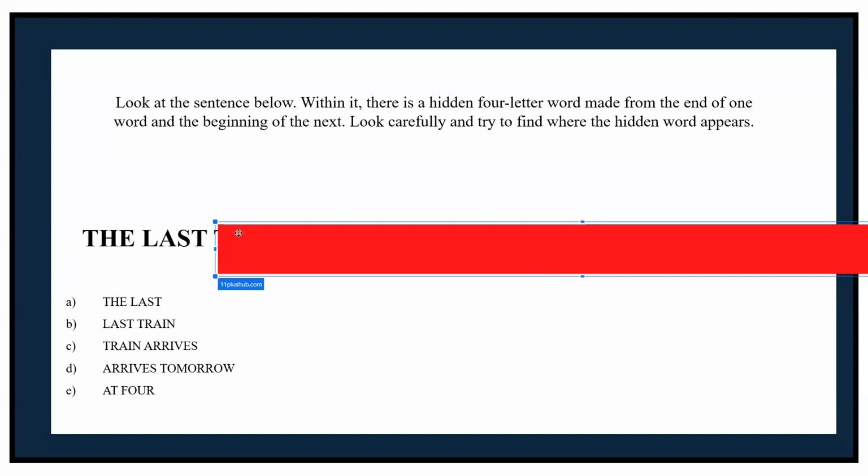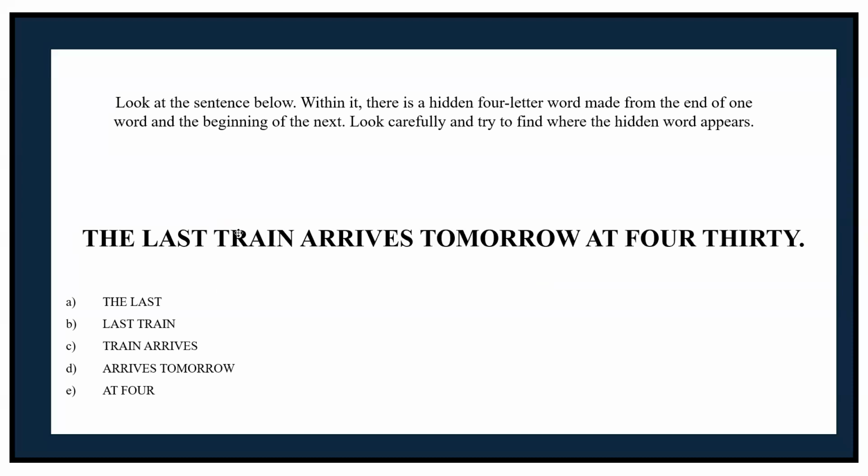After you've done that for a while and you're starting to feel more confident, then maybe we can start focusing on scanning and seeing if anything jumps out at us. In other words, no tools, no aids, just looking at it as quickly as you can and seeing if anything jumps out. But of course, the best option is to consider the options themselves rather than the actual sentence, okay?